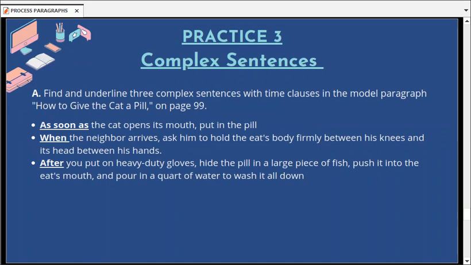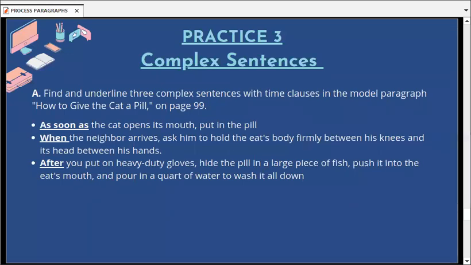When the cat's body is held firmly, hold its body between your knees and its head between your hands. After you put on heavy-duty gloves, hide the pill in a large piece of fish. Push it into its mouth and pour in a quart of water to wash it all down.